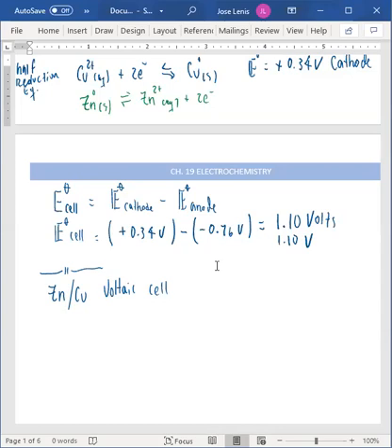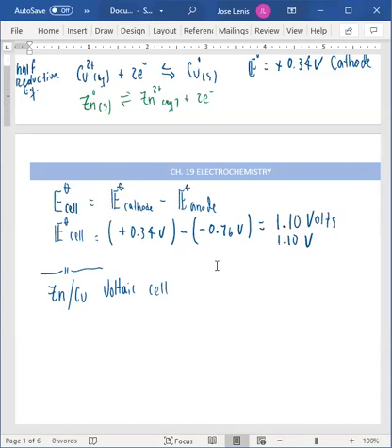So you see, voltaic cells produce energy, produce electricity, whereas electrolytic cells consume energy in the form of electricity. And we built a zinc copper voltaic cell.